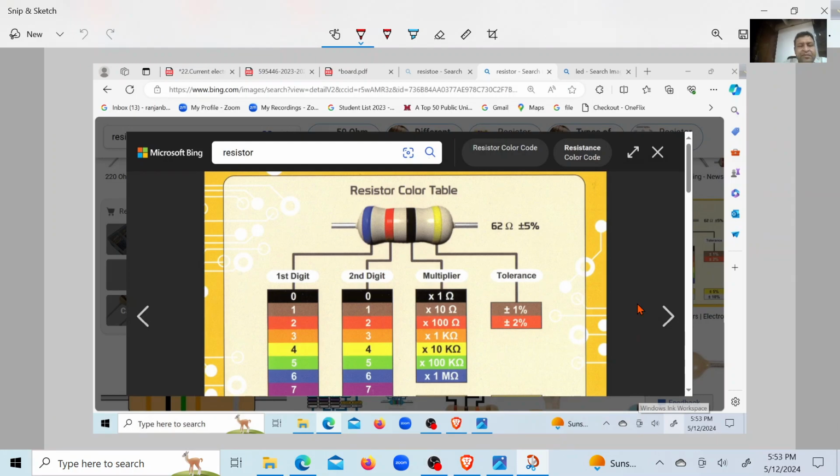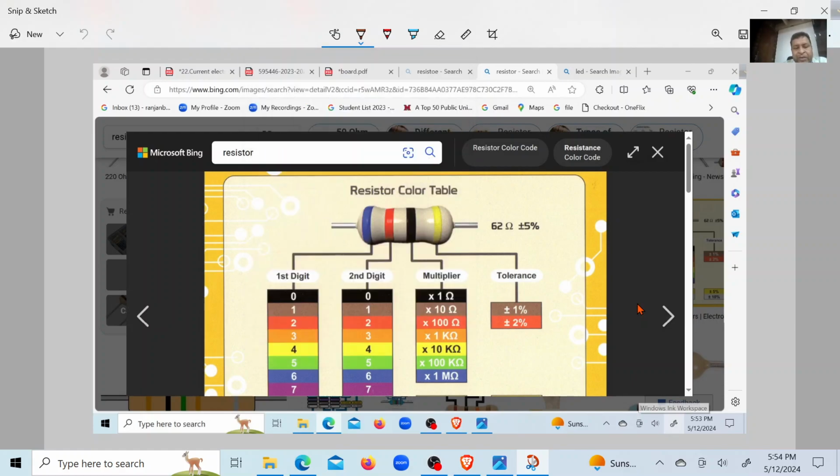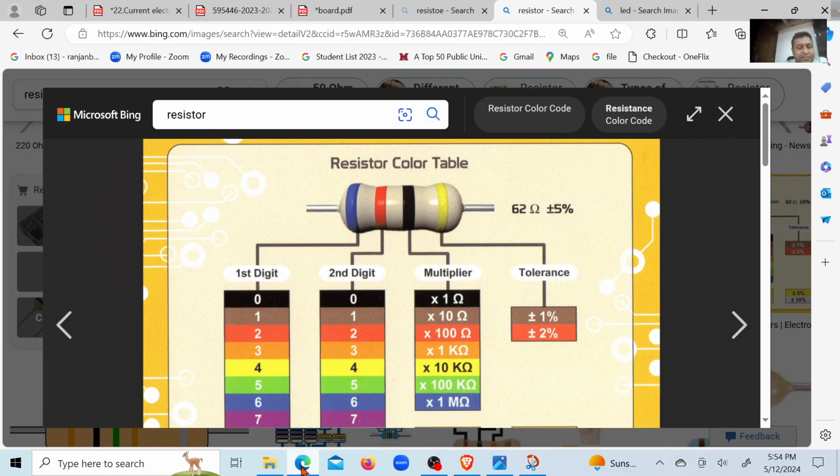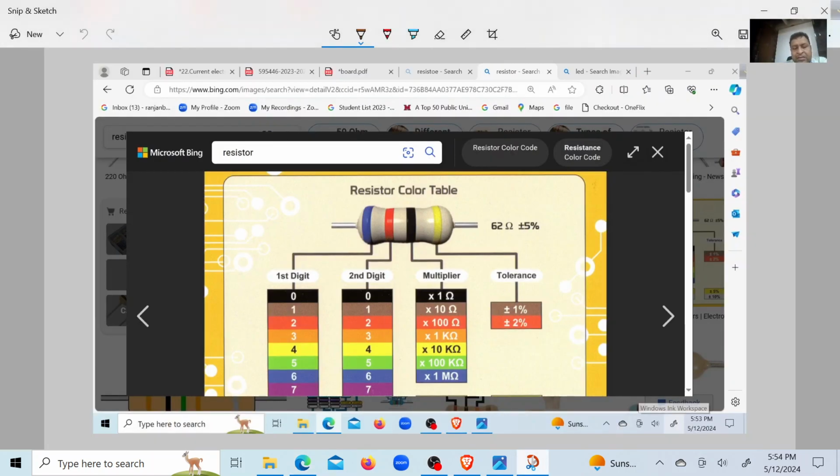Note one thing, if this black is replaced by brown color, for brown it is 1. So the value would be 62, 62 times 10, right?